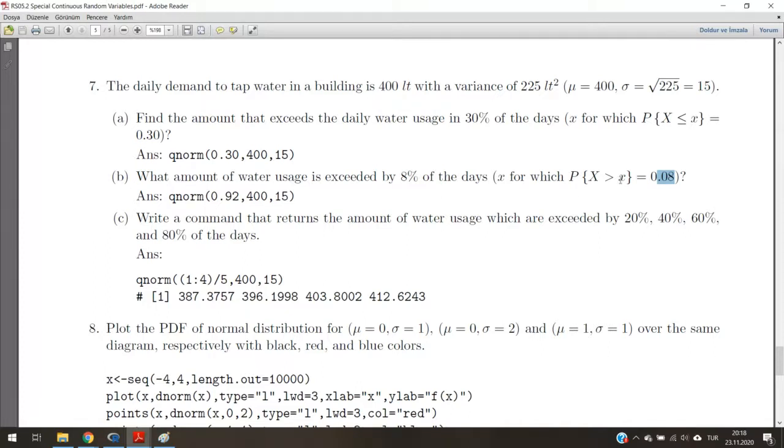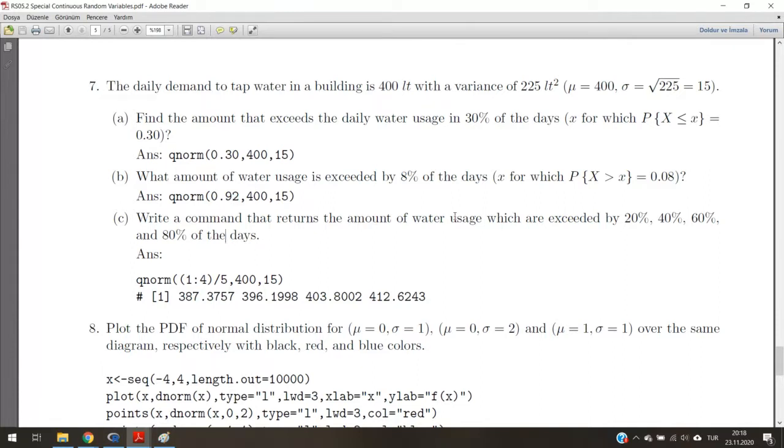So this means the cumulative probability will be equal to 0.92 at x. Therefore, in order to find the x, we need to use the inverse CDF or the quantile function of the normal distribution at 0.92 probability with location parameter 400 and scale parameter 15.